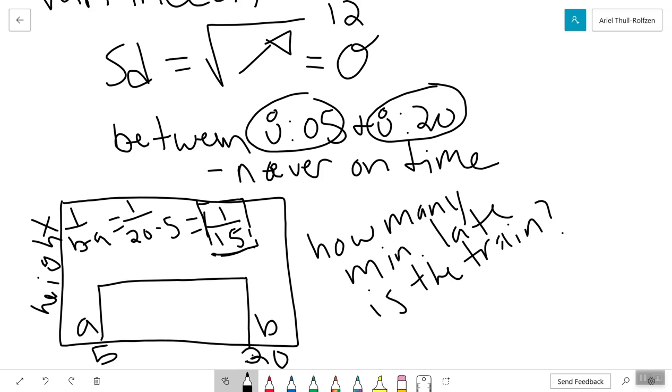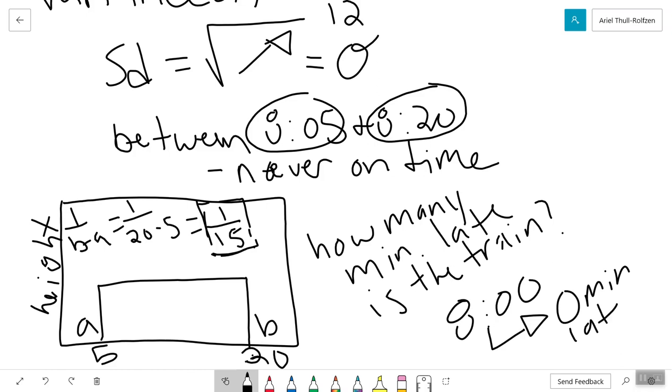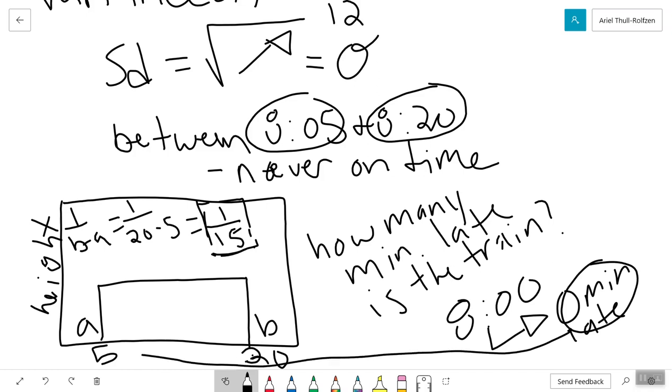Now I said that there's a trick to this one. It's asking what the probability is that the train is going to arrive on time. I want you to think about it as, okay, 8 o'clock. How late is the train at 8 o'clock? It's 0 minutes late. And is 0 on my table over here?